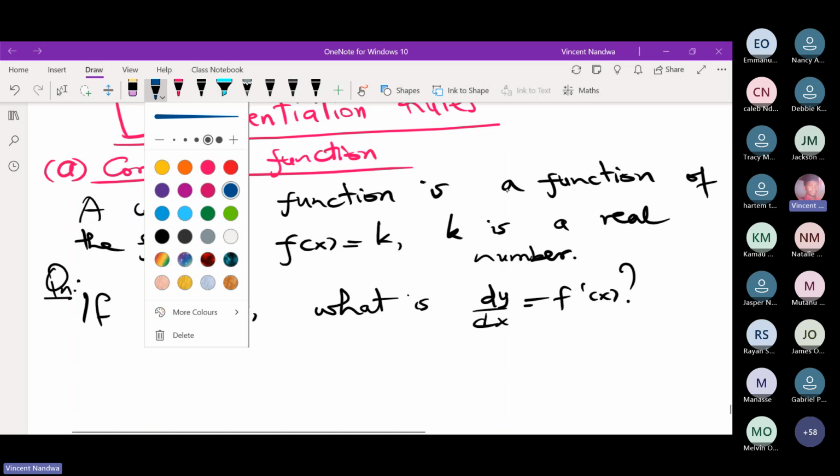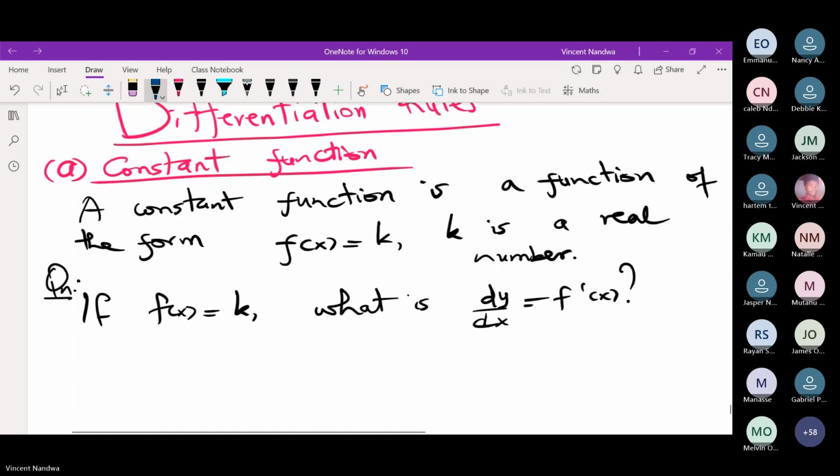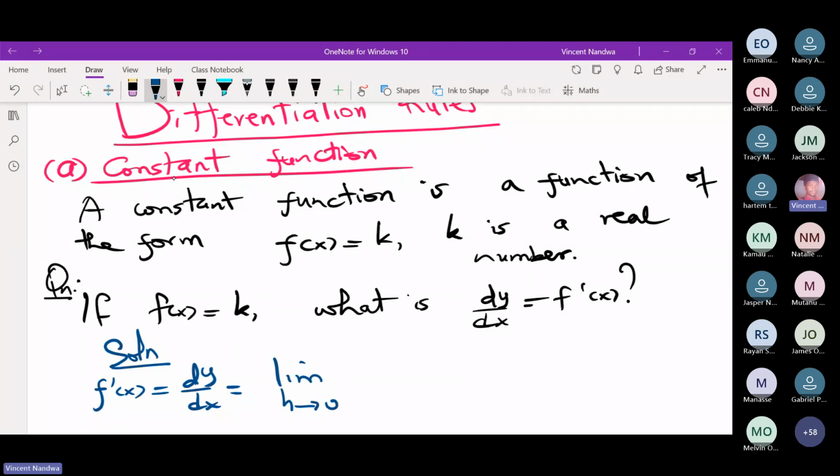So we'll still use the definition to get the answer to the question. The derivative f prime of x, which is dy dx, is given by the limit as h approaches 0 of f of x plus h minus f of x divided by h.